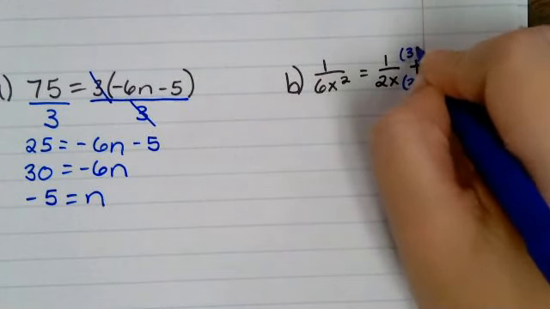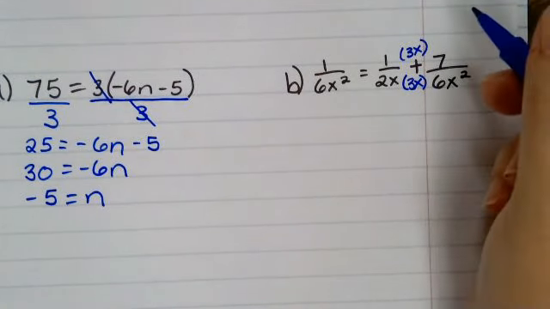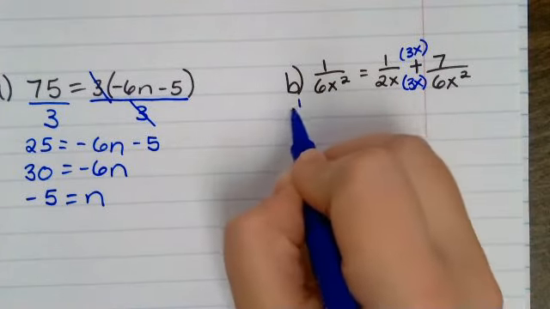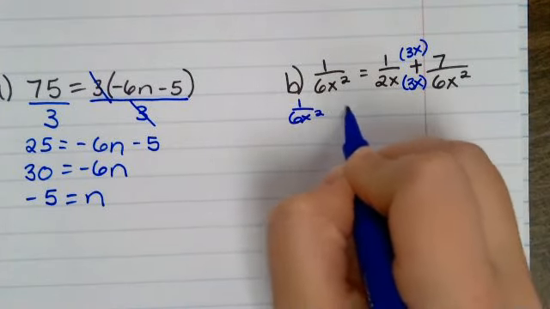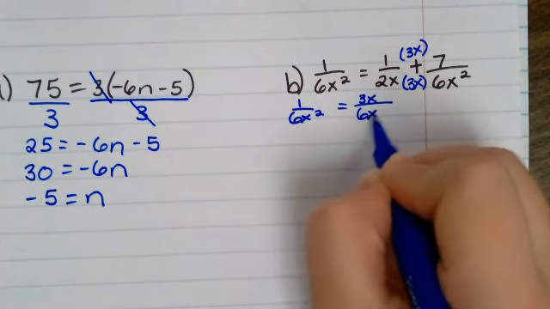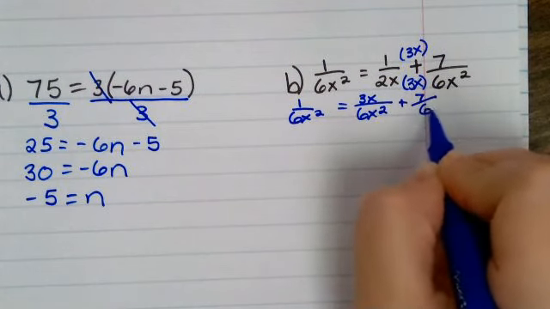And if I multiply that by 3x, I have to multiply the top by 3x. Otherwise, it's not equivalent. Okay, so see what this gives us. The first fraction is still going to be the same thing, but the second one, you'll have 3x over the 6x squared. Then the next one, we've got 7 over 6x squared.